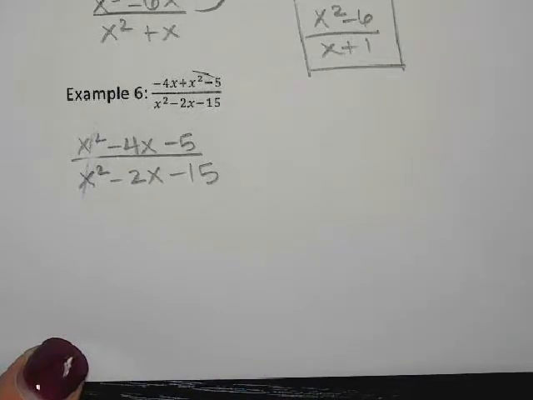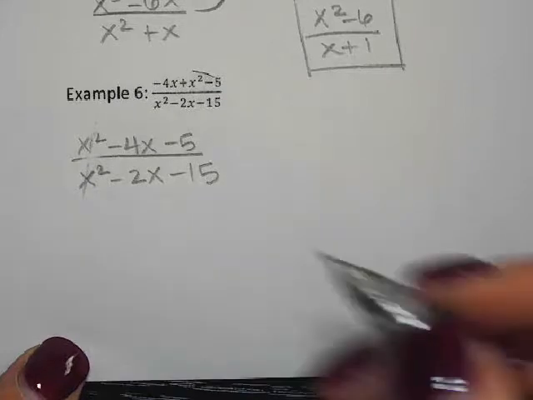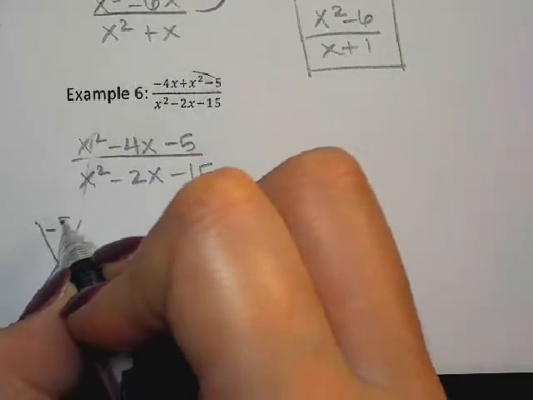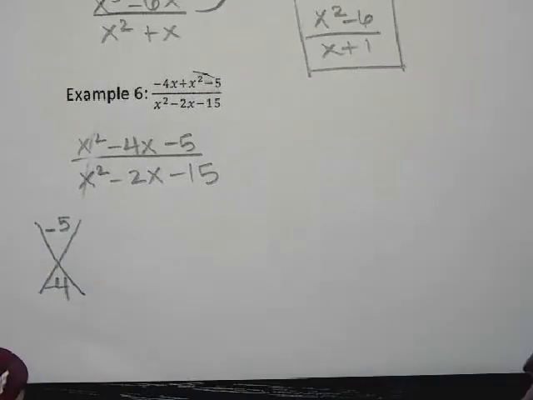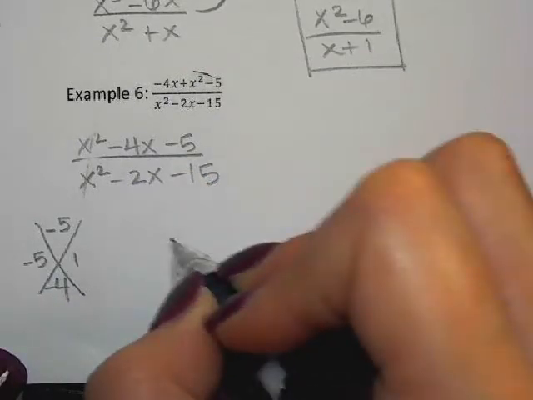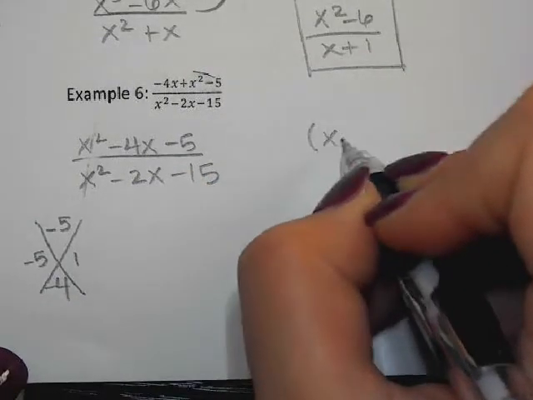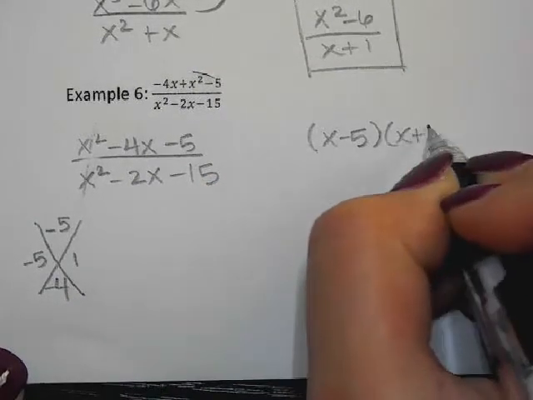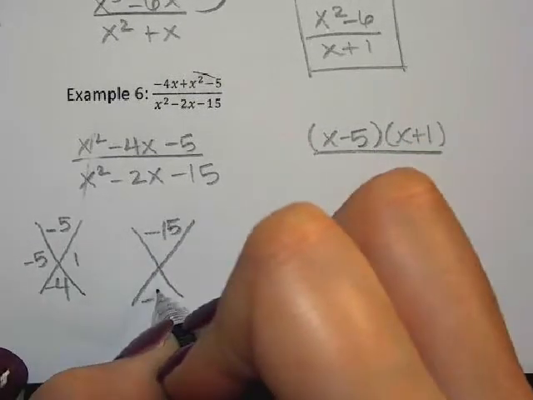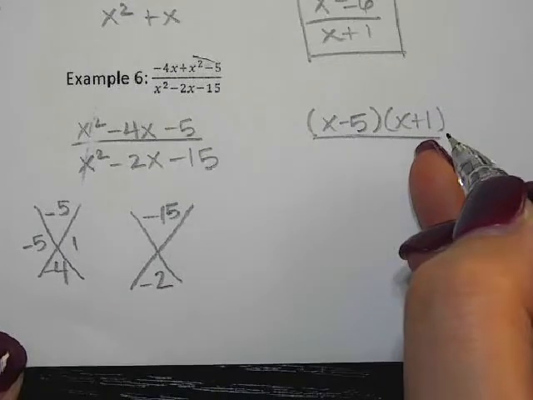Step 1 is done, step 2 is done. We do diamond, we got a factor. So we're looking for 2 things that multiply to -5 but add to -4. -5 and 1. And then we're looking for 2 things that multiply to -15 but add to -2.